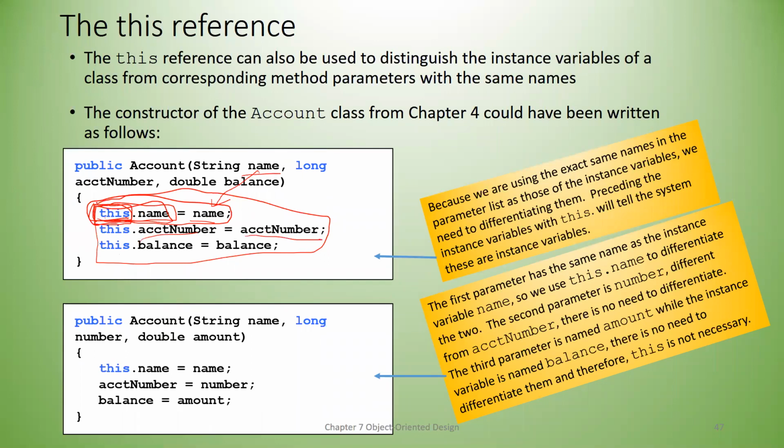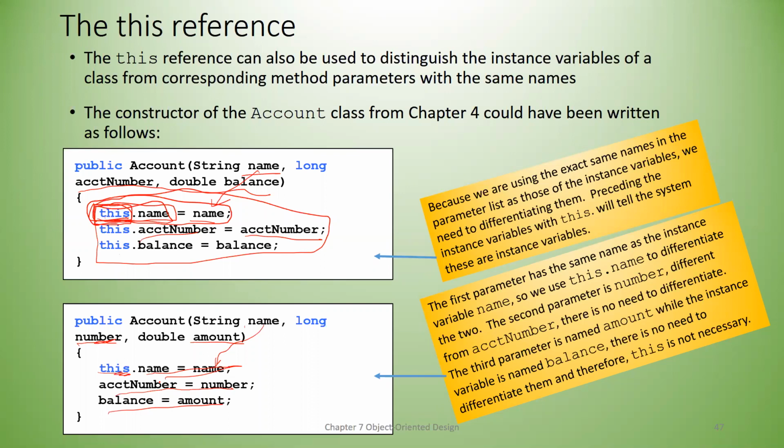Okay, you use this to differentiate them because they have exactly the same name. You are using the same parameter name as the instance variable name, so you differentiate them. This is one of the usages. And here I'm giving you another example. Because this has the same name, you use this to differentiate them. But this is number, so you don't need it, because they are different. And this is amount, they are different, so you don't need this.